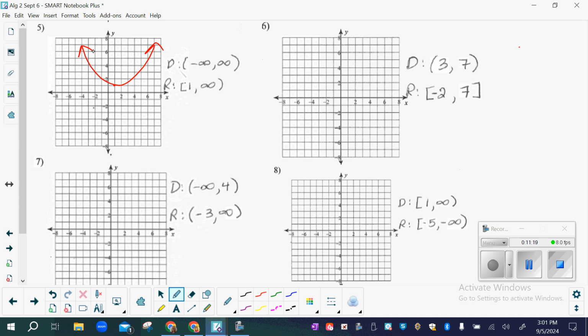It has to be open in order for that 3 not to be included. But I am going to have to cover that y value of negative 2 somewhere in there. So what might be my next point? 7, 7. And it's going to be open. And then how might I get my negative 2 in my range? What might I do on that graph?